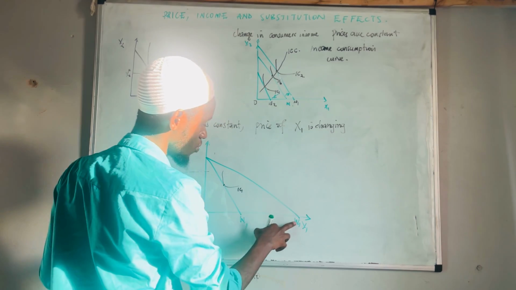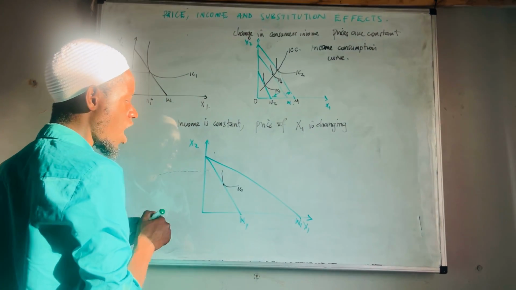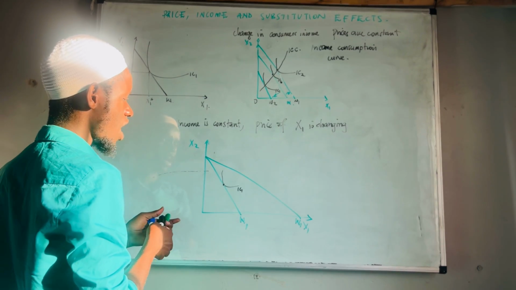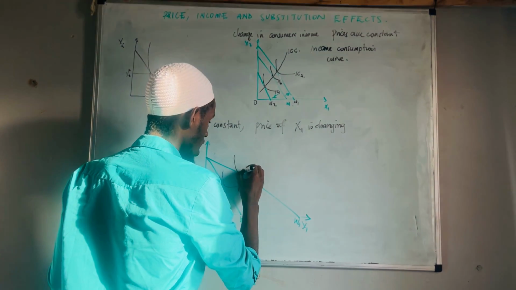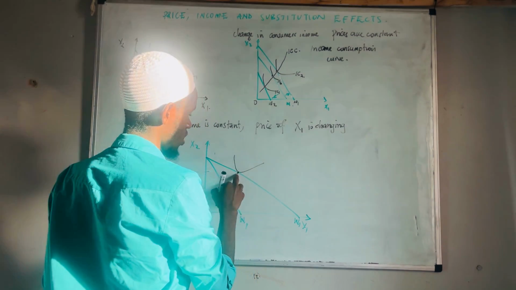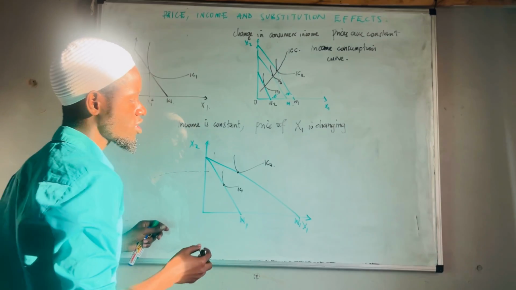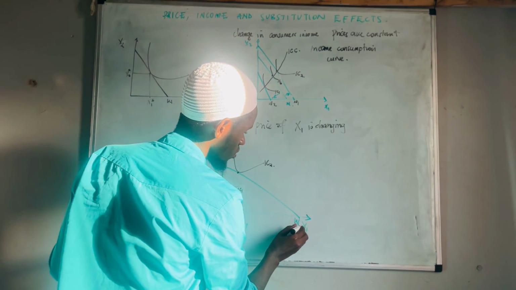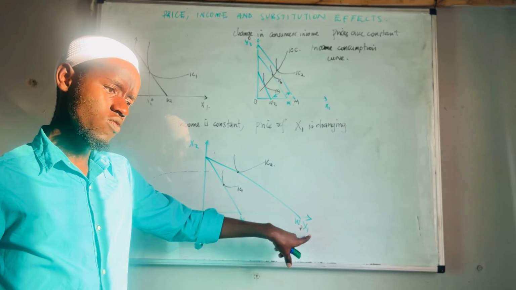This is W1, this is W2 here. And then at this point, I also have a new indifference curve, which will show that I will increase the quantities of X1 and X2 I consume. This is my IC2. This means that this is W2. If the price of X1 decreases, what will happen to me?